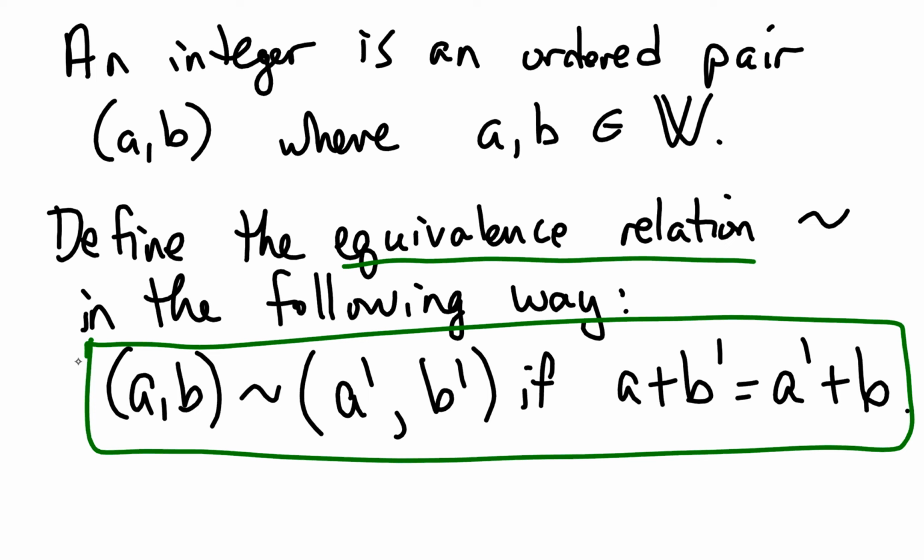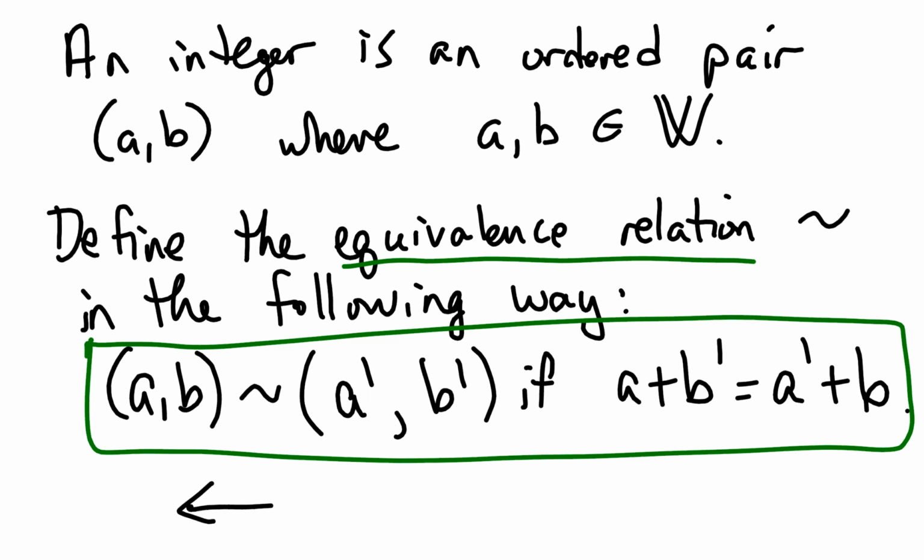Okay, so I'm assuming that you've paused the video if need be to run those things through in your head. It's fairly straightforward that this relation is in fact reflexive, symmetric, and transitive. It is an equivalence relation, and it's how we judge whether or not two integers are equivalent.